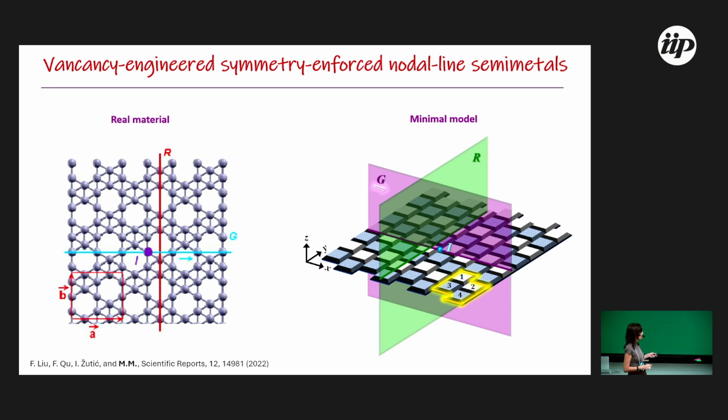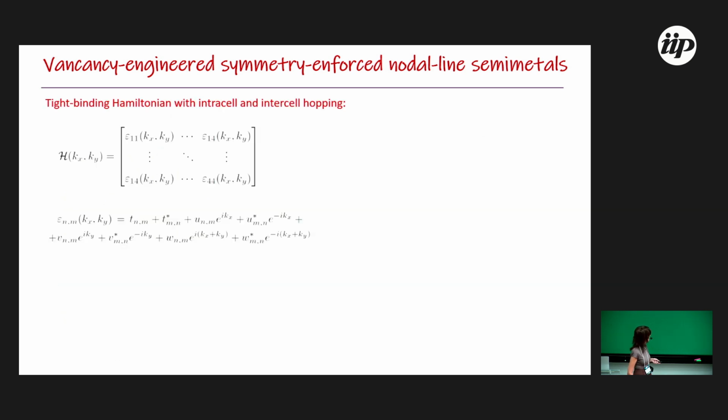The minimal model for this actual structure is a model that has a unit cell of 4 points which are shifted in this way. And that's basically what's giving me the glide plane, which is here depicted in purple. And this can be effectively written as a 4x4 Hamiltonian, which I am writing down here.